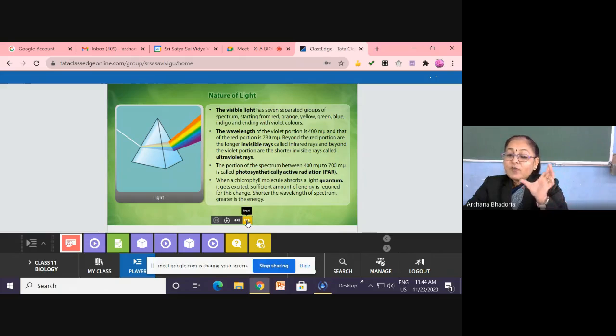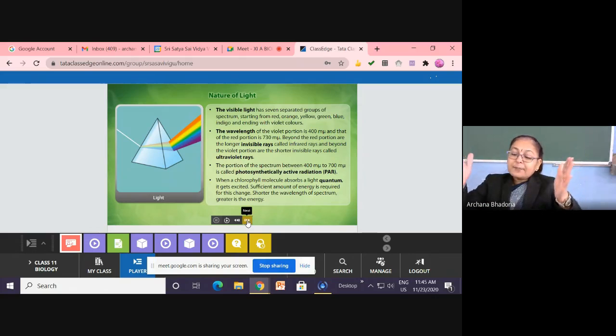But remember, as you have done in physics also, that white light consists of 7 different colors, which means white light is formed of the combination of 7 different wavelengths of light. Along with these 7 wavelengths, we have the infrared also and we have ultraviolet also.